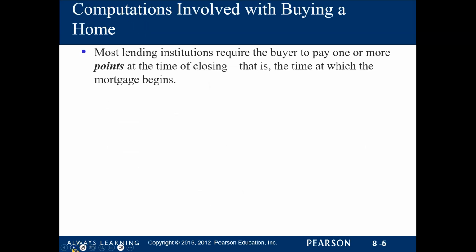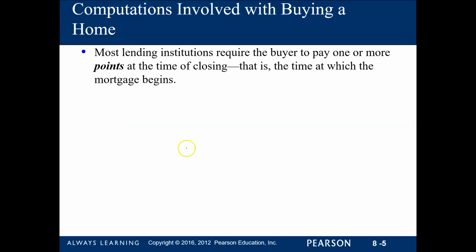When we are looking at house payments, you will also hear something like points at the time of closing. Sometimes a lending institution requires the buyer to pay one or more points at the time of closing. This goes to the lender, okay?